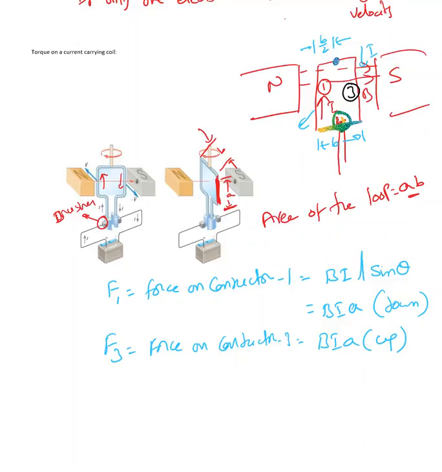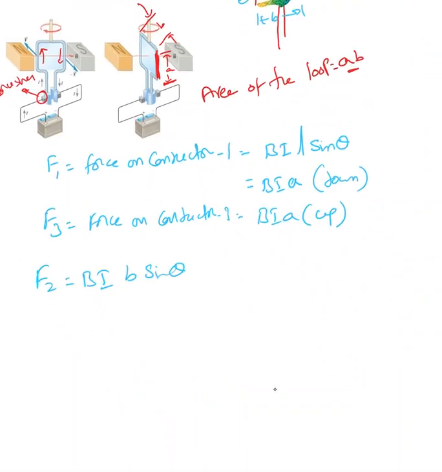Now force on conductor 2. If you look at F2 equals BI, length is nothing but B, sin theta, where theta is the angle between B and I. What is the angle between B and I in this case?